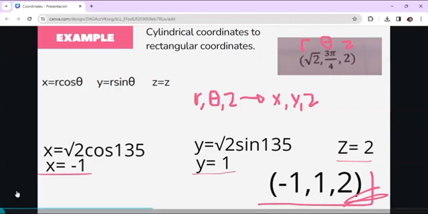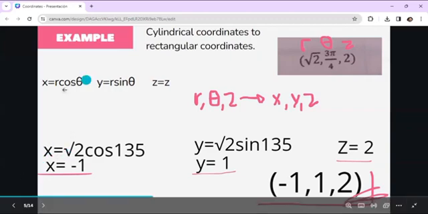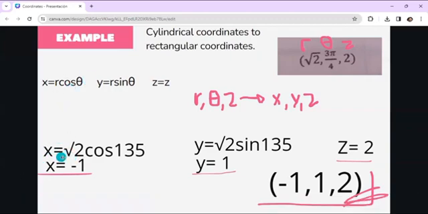So we need to put the first equation, and we have x equal to square root of 2 cosine of theta, but theta is 3/4 of pi.